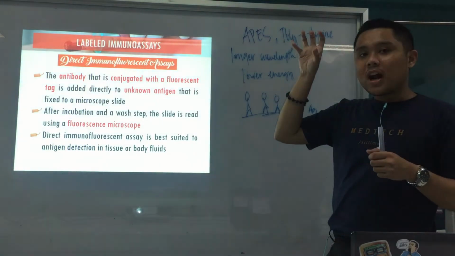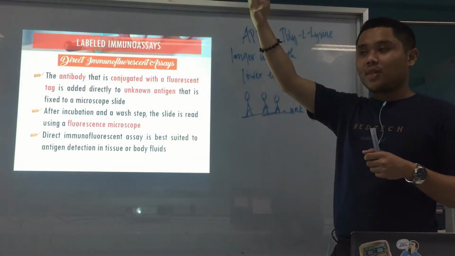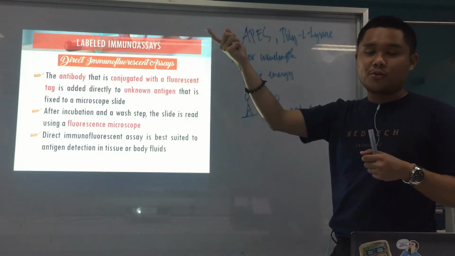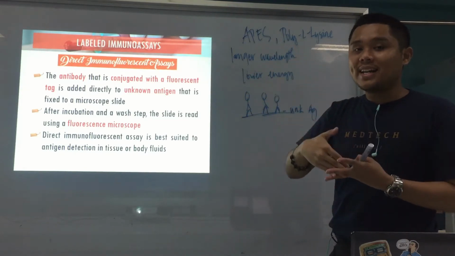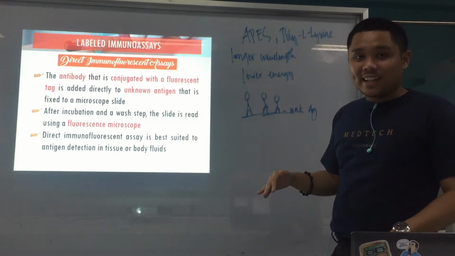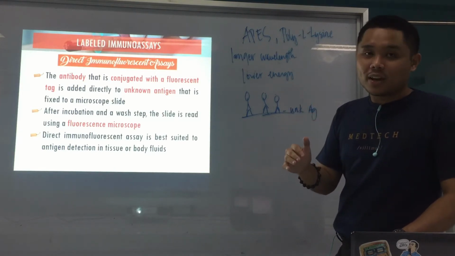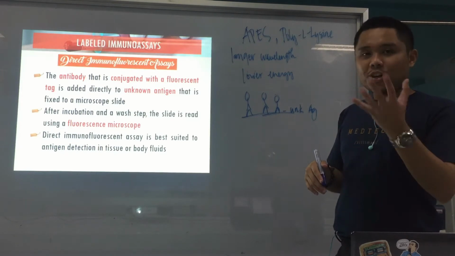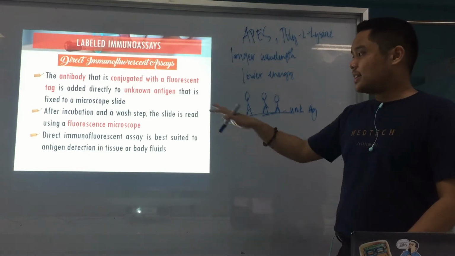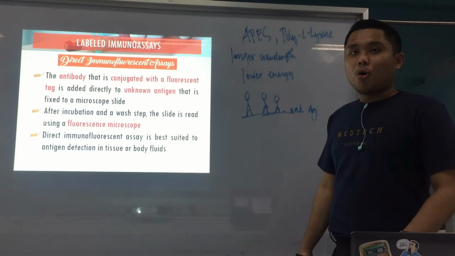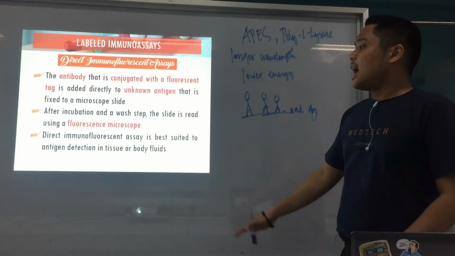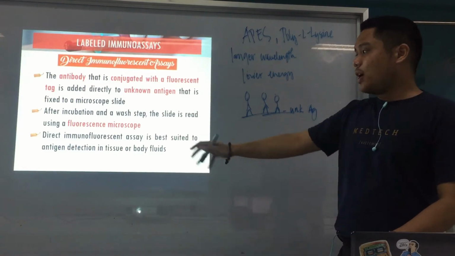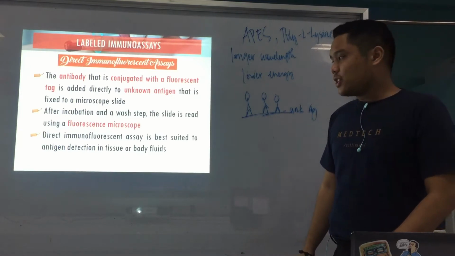Okay? So your antibody with the labeled fluorophore or fluorochrome is added directly on your unknown patient antigen. The antigen is what we are determining. So it is really direct. In direct immunofluorescent assays, after incubation and wash step, you examine under a fluorescent microscope and look at the fluorescence. It is best suited for antigen detection in tissue or body fluids.